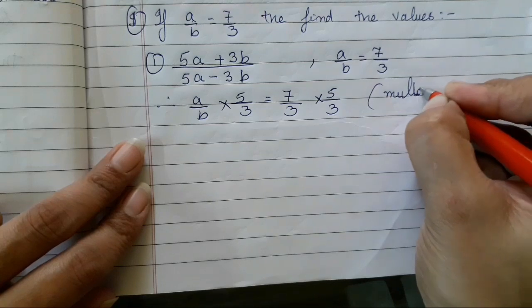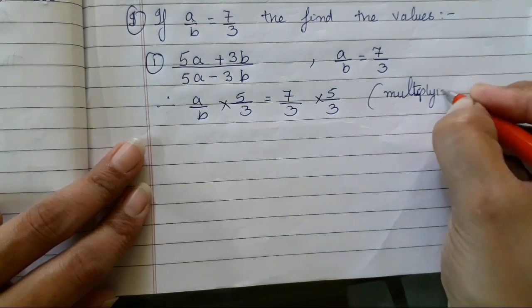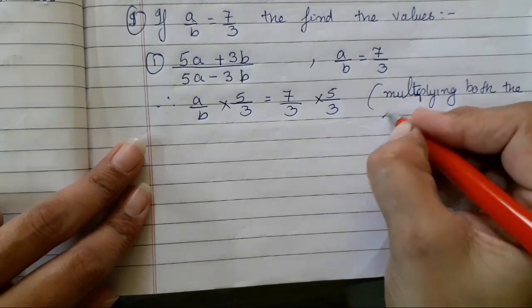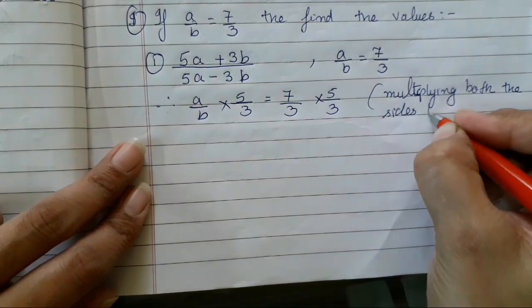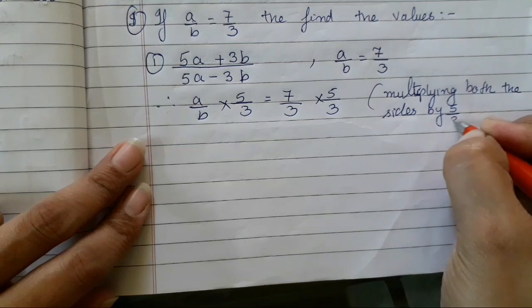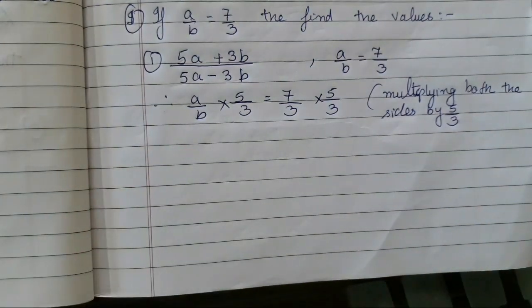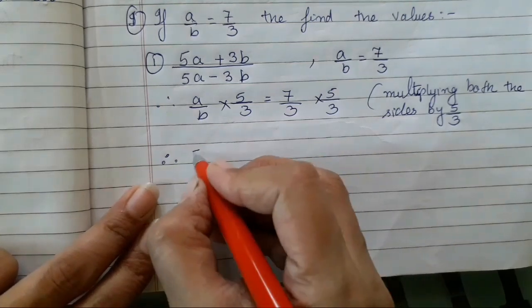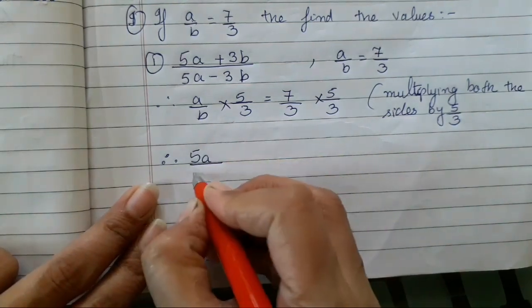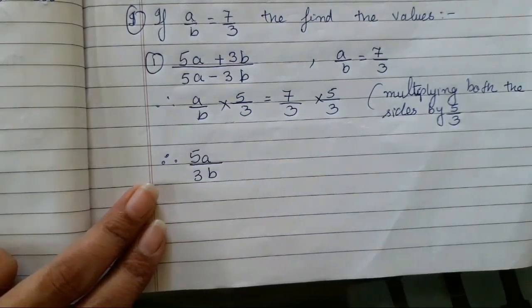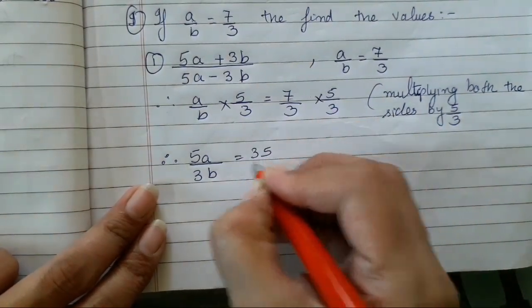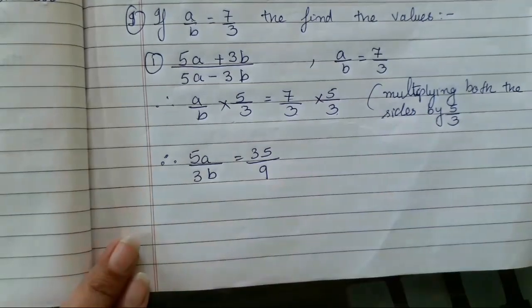Multiplying both the sides by 5 upon 3. Now after this, when we multiply, this is going to be 5A, this is going to be 3B, and this is going to be 35, and 3 threes are 9.